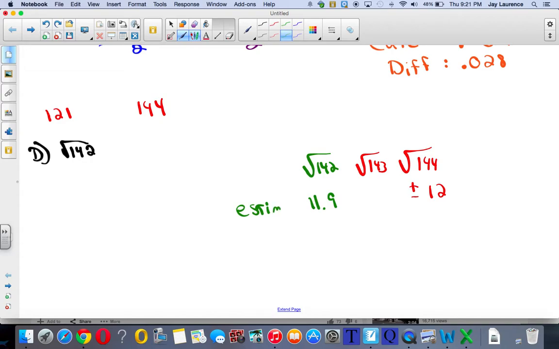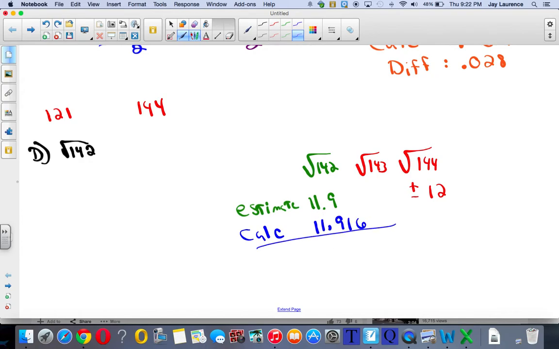Let's see what the calculator tells me. Remember, there is no square root of 142. The calculator is just giving me a number that could be close to it. It's approximately this number. And they got 11.916.